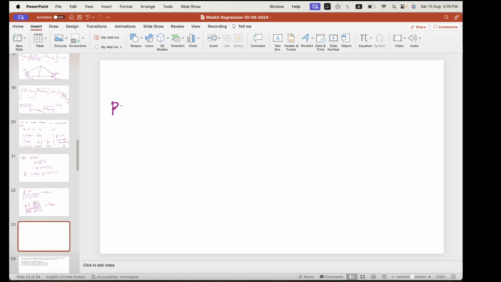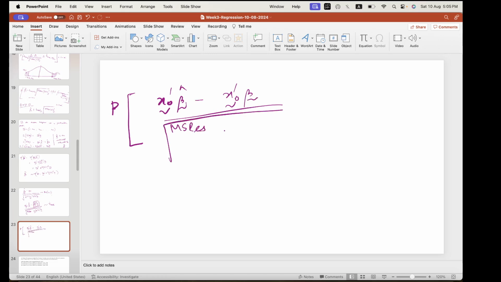So then we can write it like this: P of x naught transpose beta hat minus x naught transpose beta by MS residual root over x naught prime (X inverse) x naught lying between t n minus k alpha by 2 and minus t n minus k alpha by 2.